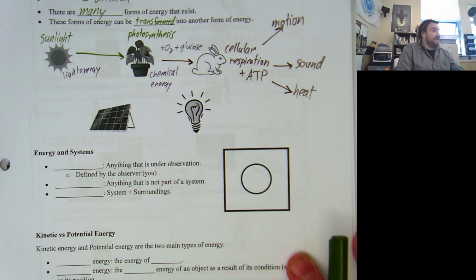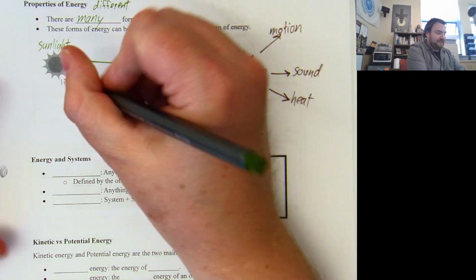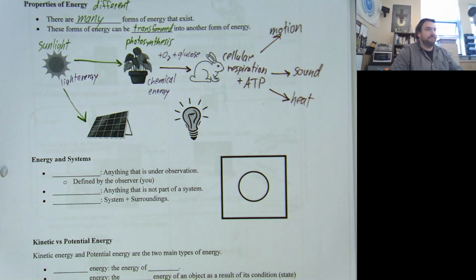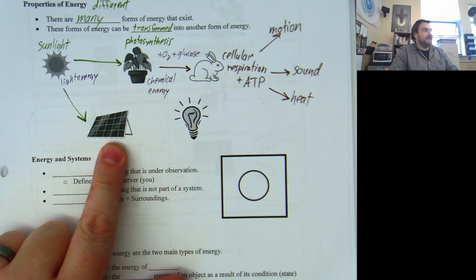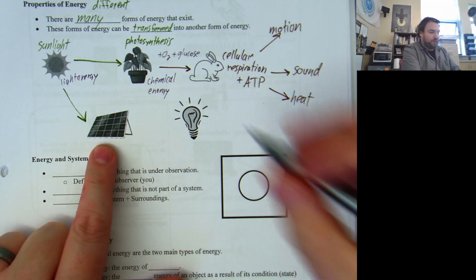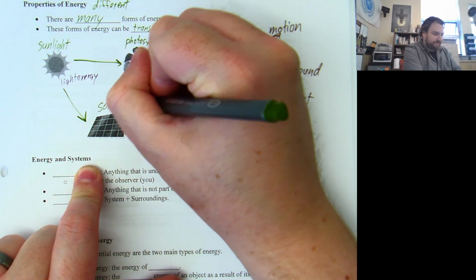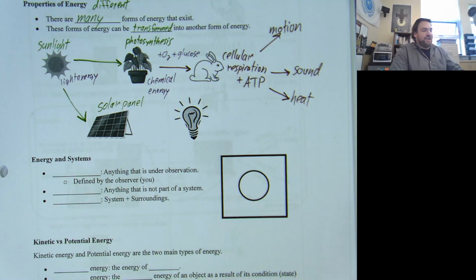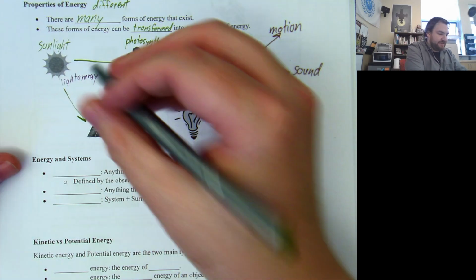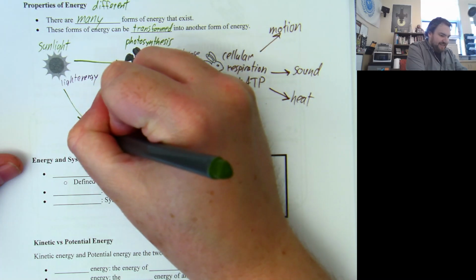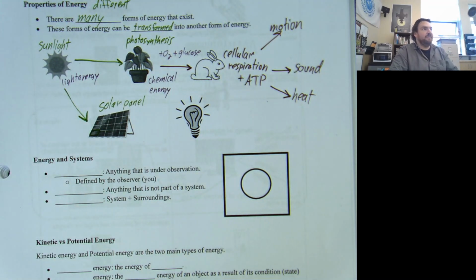There's another way that we tap into sunlight. What's the other way that we tap into sunlight? What's that? That is a solar panel. Does anyone know the name of the piece that we slapped together to make the solar panel?